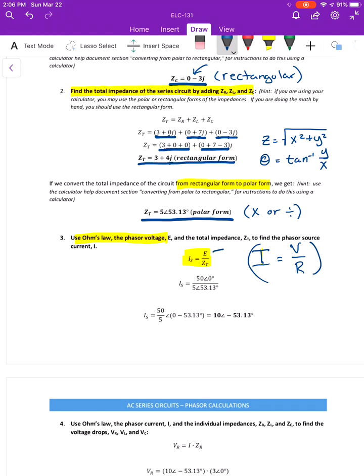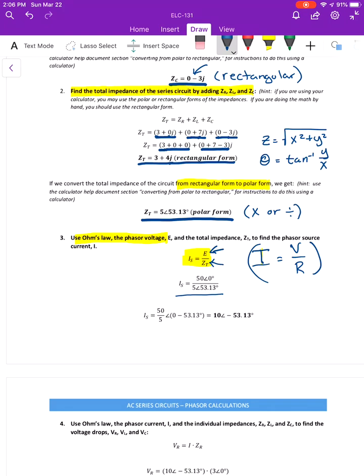So if we take our source voltage and divide by our total impedance in AC, this would be our equation. So we have our 50 volts at 0 degrees divided by the ZT we just found in the previous step.